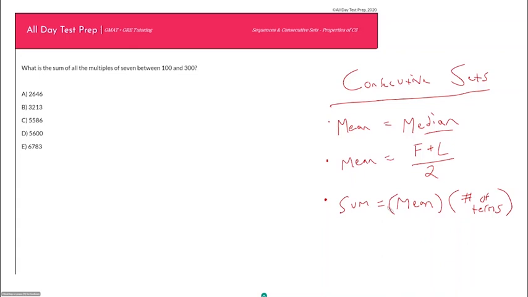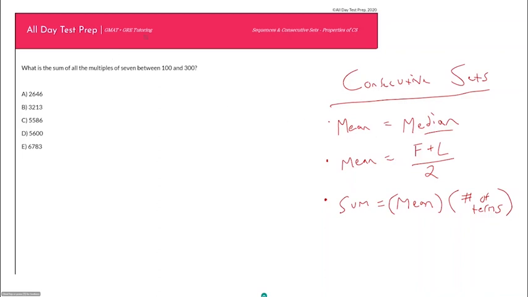If you're given something like 12 random numbers, it would be very hard to sum up all those numbers and then divide by 12, and you don't even necessarily know if that would give you a decimal or an integer. With consecutive sets, though, they can ask you to find the mean of really big sets of numbers because you can use this equation here.